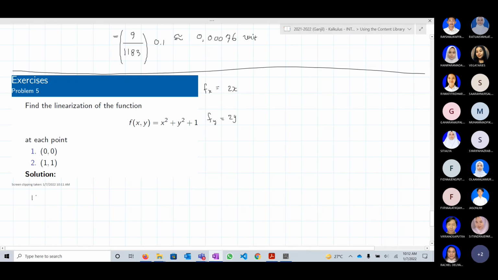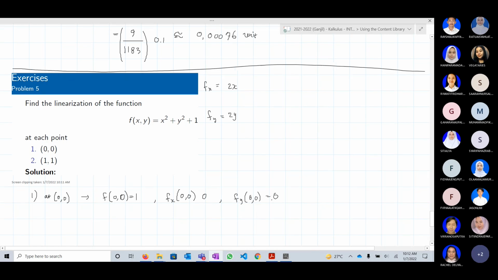So to answer the first question, at 0, 0, we have that f(0, 0) is 1, and fx at 0, 0 is 0, and fy at 0, 0 is also 0.